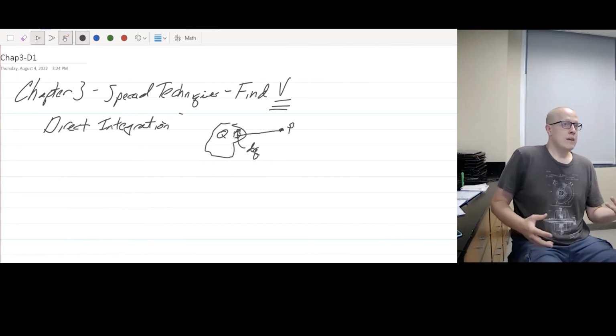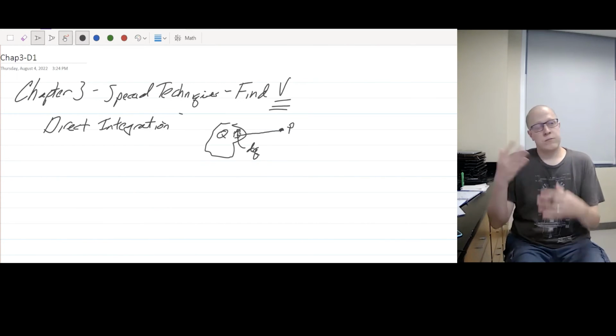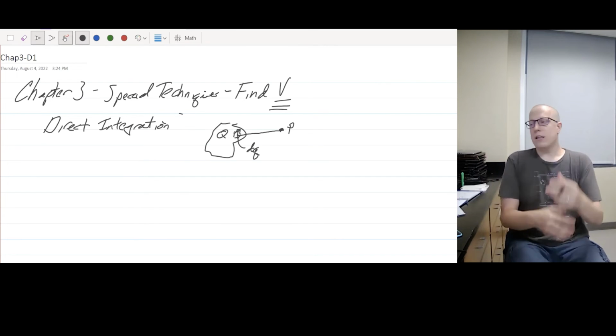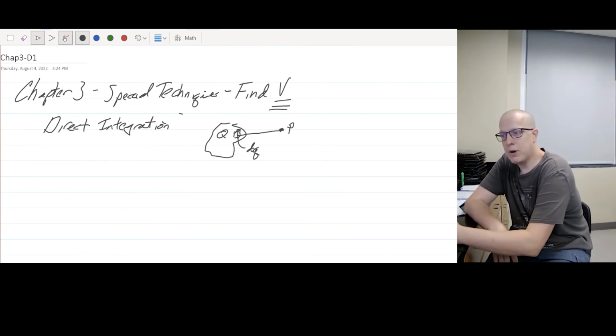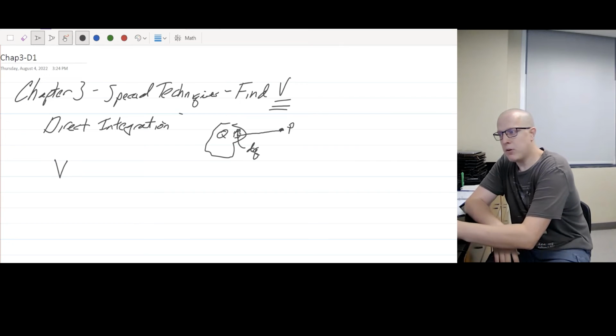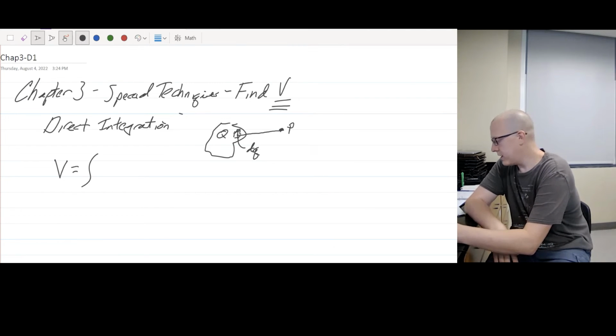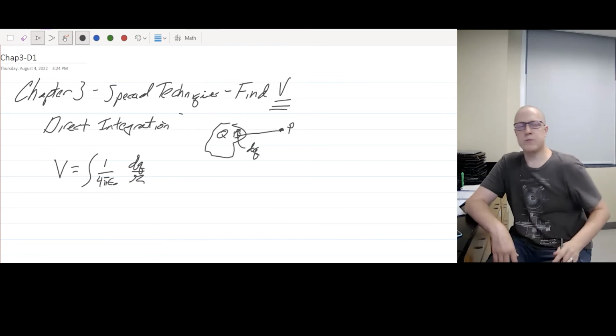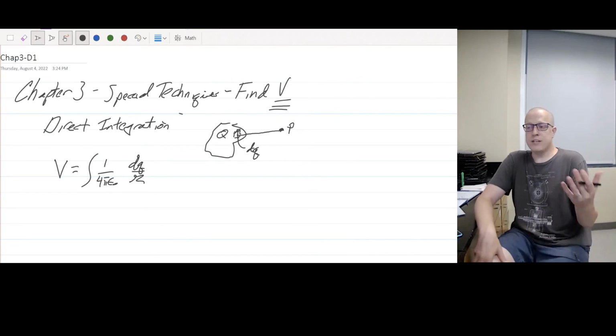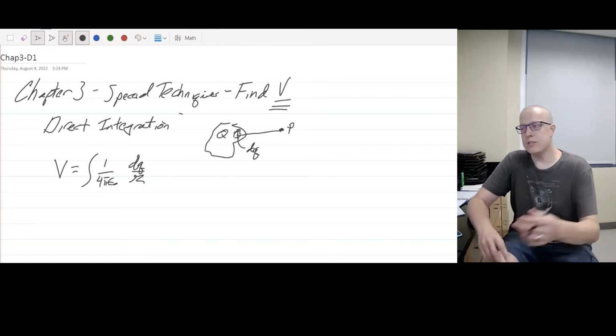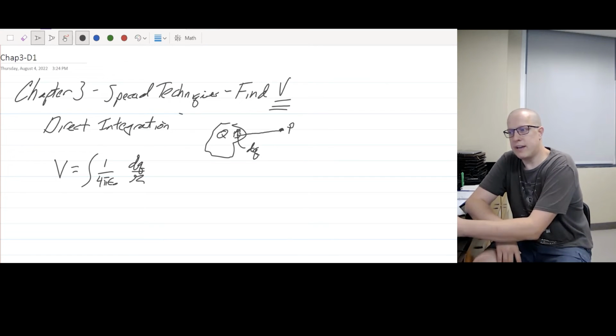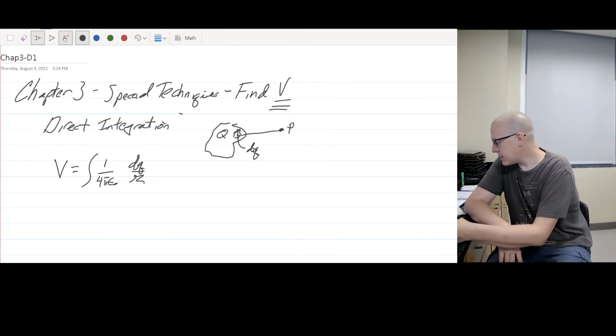And then since potential is a scalar, you don't have to worry about vectors, you just add them all up. And so when we add up a whole bunch of tiny little pieces, the total potential at a point is just 1 over 4 pi epsilon naught dq over script r, right? So essentially I'm just adding up all the contributions to the potential over this entire region.